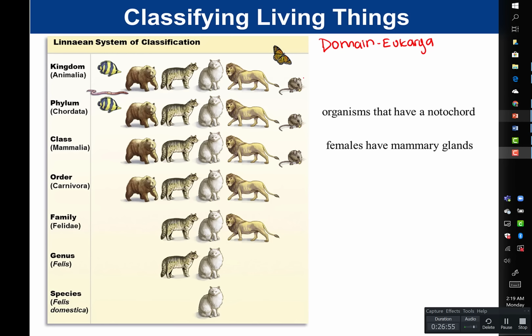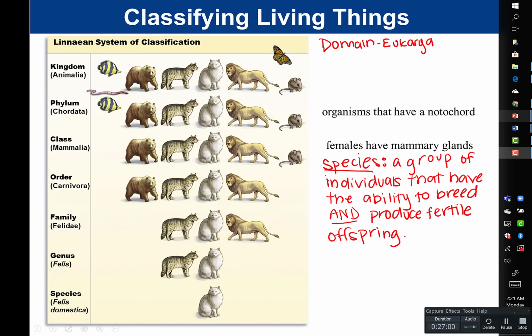So now we need a definition for species. So the biological definition of a species is going to be a group of individuals that have the ability to breed and produce fertile offspring. So it has to meet both of those criteria. So what does that mean? Has the ability to breed and produce fertile offspring. So for example, a donkey and a horse, if a male donkey mates with a female horse, they will give rise to what we call a mule.